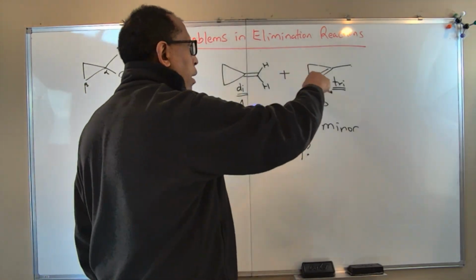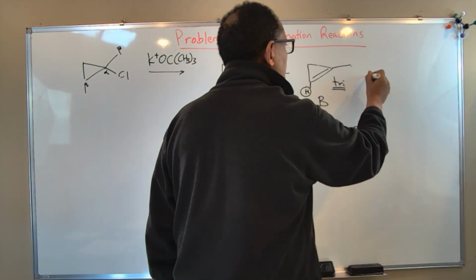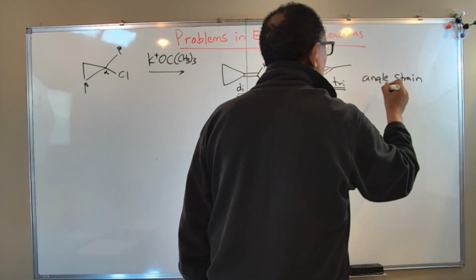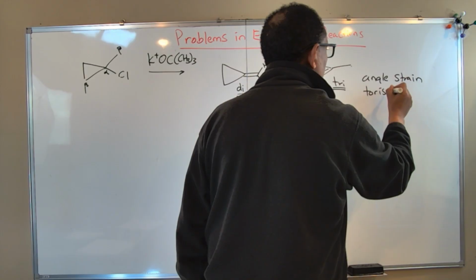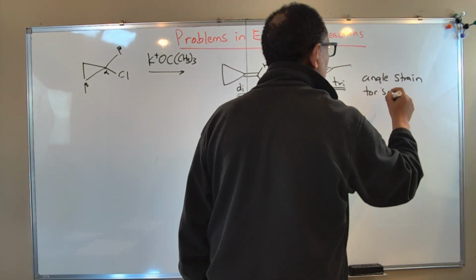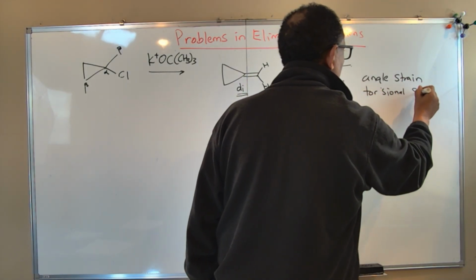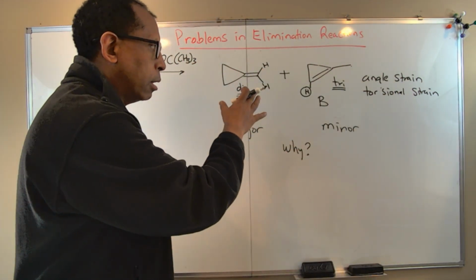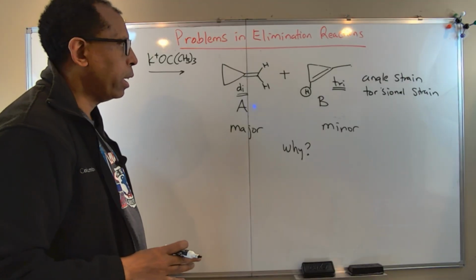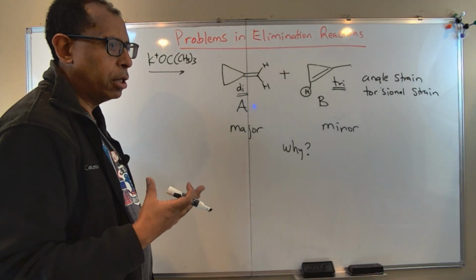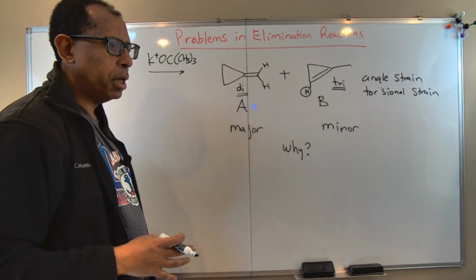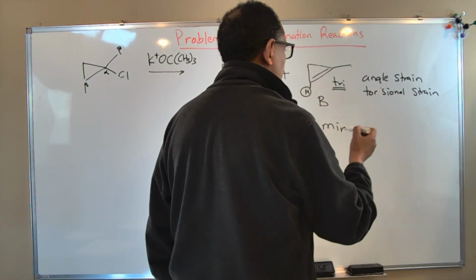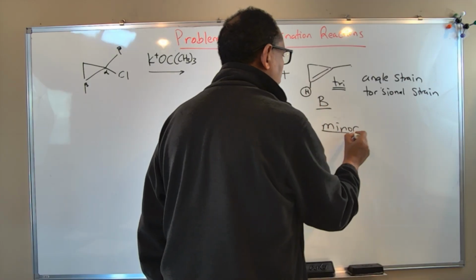So here you have angle strain, torsional strain. In a ring system as small as cyclopropane, it's very unstable to have a double bond inside a very small ring because of angle strain and torsional strain. So it becomes a minor product.